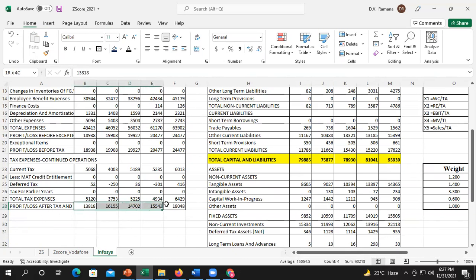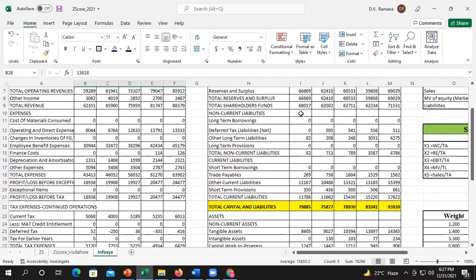The PAT is consistently positive. The reserves have been increasing over a period of time. There are no borrowings of the company, so no leverage. Retained profits rising, EBIT increasing, revenue increasing, all signs of strong fundamentals of the company.